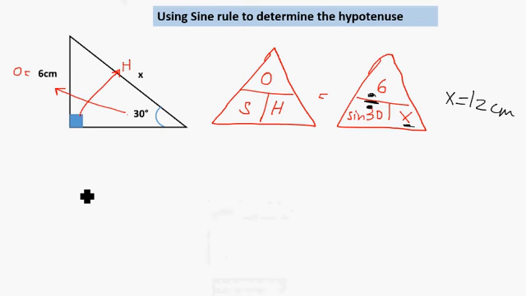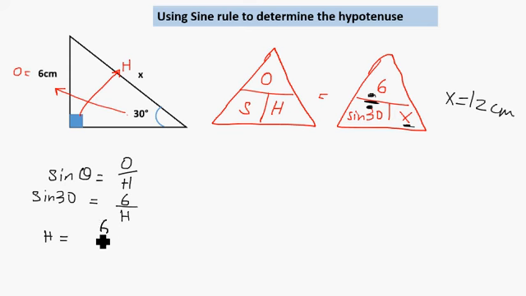If I was using the formula, then I would have gone sine angle equals opposite over hypotenuse, and then substituting the values. Sine 30, opposite is 6 over hypotenuse, cross multiplying, so hypotenuse goes on the top, and then 6 divided by sine 30, answer is 12 cm.